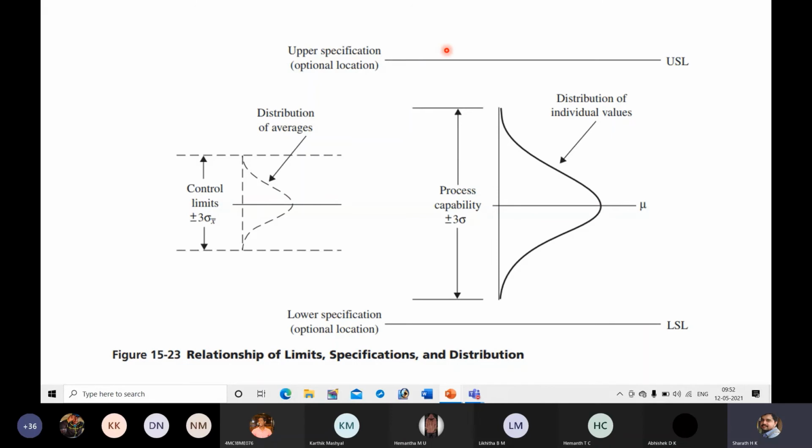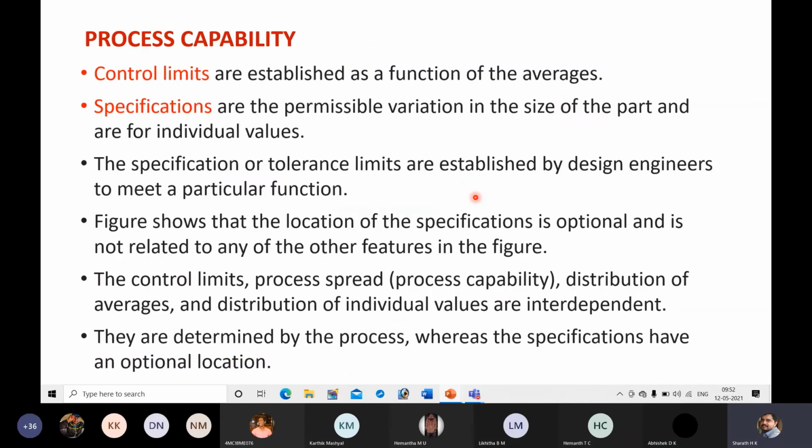So that is the upper specification limit and lower specification limit. Whereas process capability, control limits, distribution of averages, and distribution of individual values are interdependent.